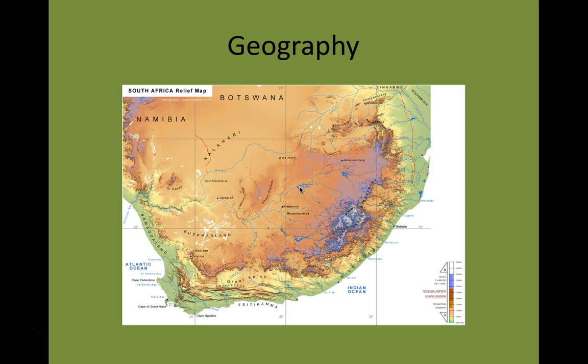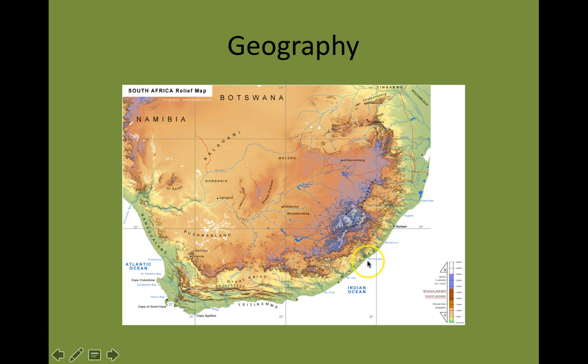And most of the country of Lesotho, which is this country right in the middle of South Africa here, I often call the donut hole country, right? But almost all of Lesotho is in the mountains. In fact, it is called by the natives there the Mountain Kingdom of Lesotho, right?